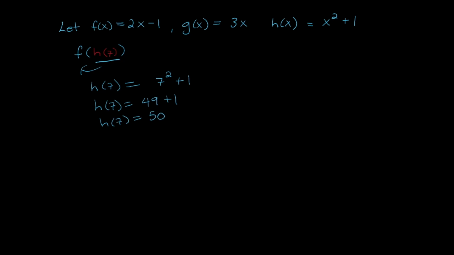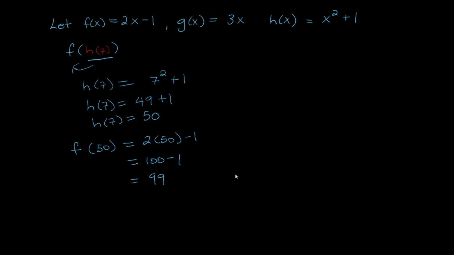And now that we found the value for h of 7, we can plug that value into the function f, which is 2 times 50 minus 1, and that should be equal to 100 minus 1, or 99. So our value for f of h of 7 is equal to 99.